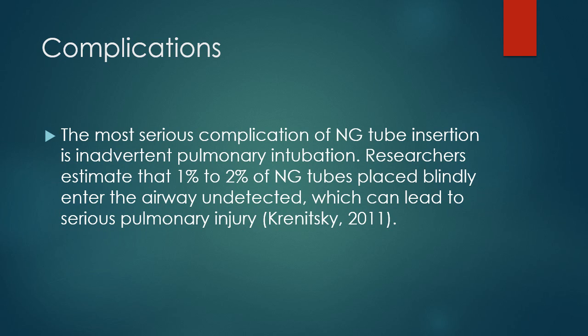And 1% to 2% of NG tubes placed blindly enter the airway undetected, which can lead to serious pulmonary injury. Okay, so that's why we always have to make sure after we insert an NG tube that it's in the right place, that it's not in the lung.